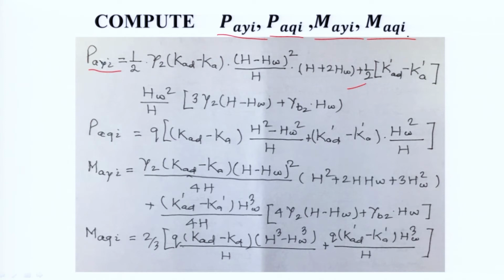So, we can calculate the value of PAγI, PAQI, PAγI, PAQI. This is the equation in which we have to put the value of different parameters for calculating the different parameters required.